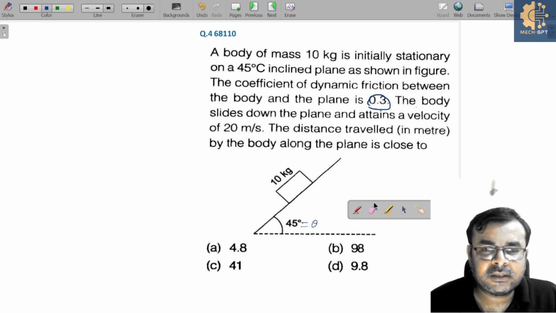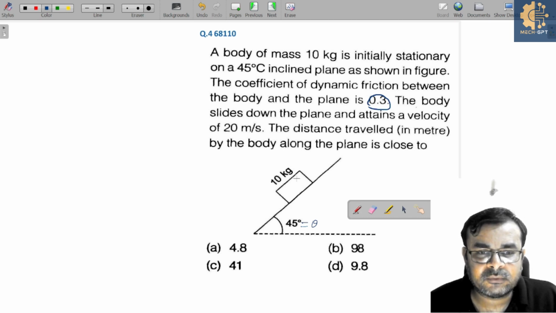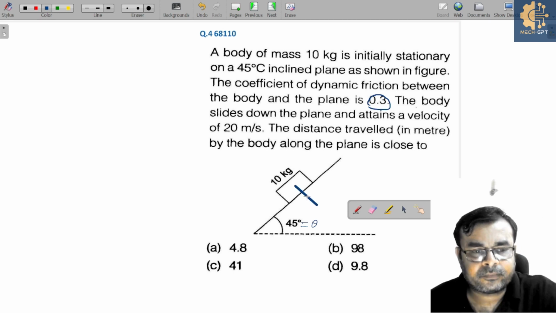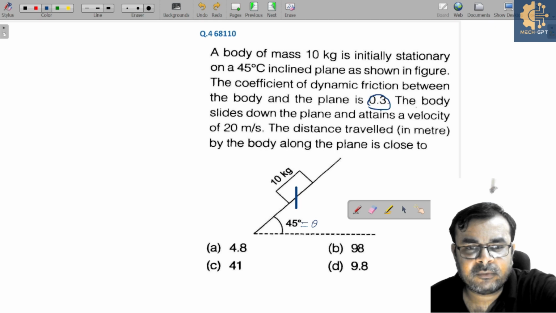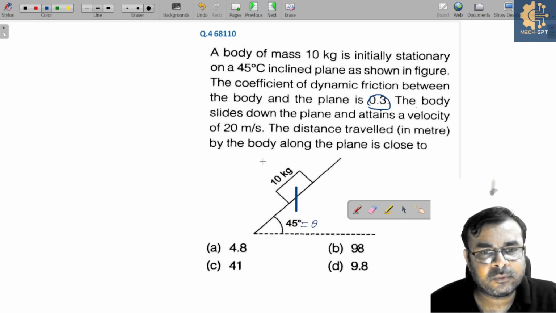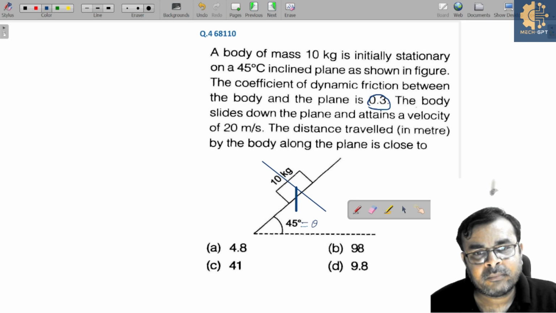So let's see, first I draw its free body diagram. So simply if I draw here, correct, then obviously one force is acting somewhere here, its own weight, and now you need to resolve this force parallel and perpendicular to this plane. Yes or no?